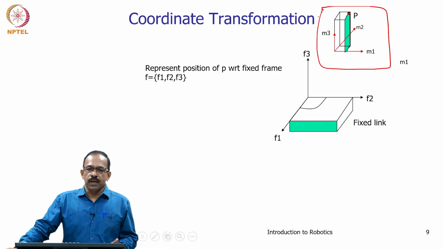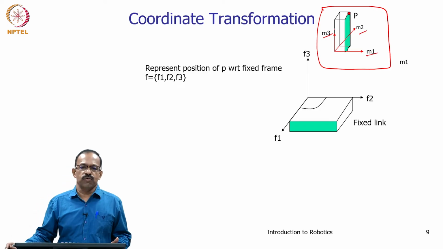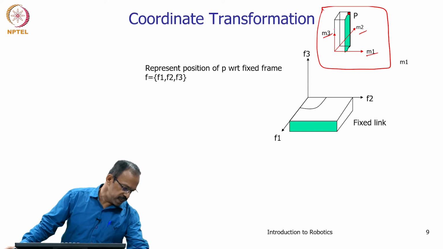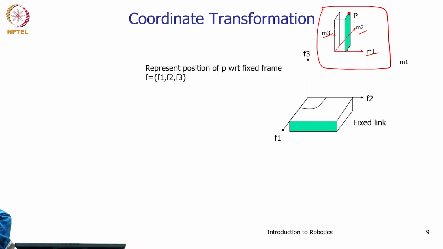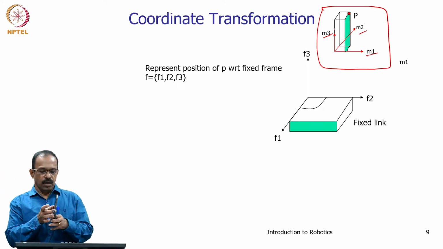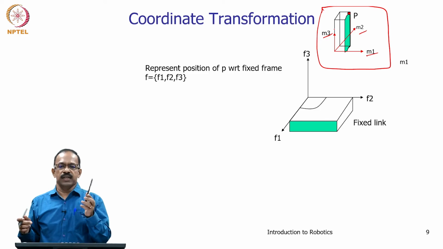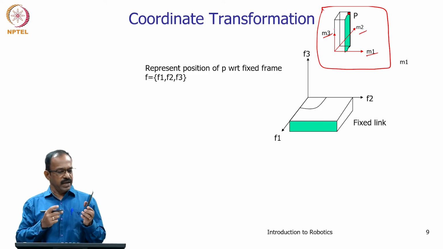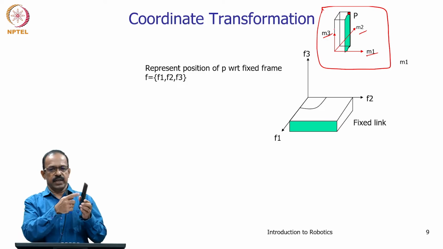In the 3 dimensional object, we define the coordinate frame as m1, m2, m3. Suppose I take this as an object, a 3 dimensional object, and I define a 3 dimensional coordinate frame like this, m1, m2 and m3.